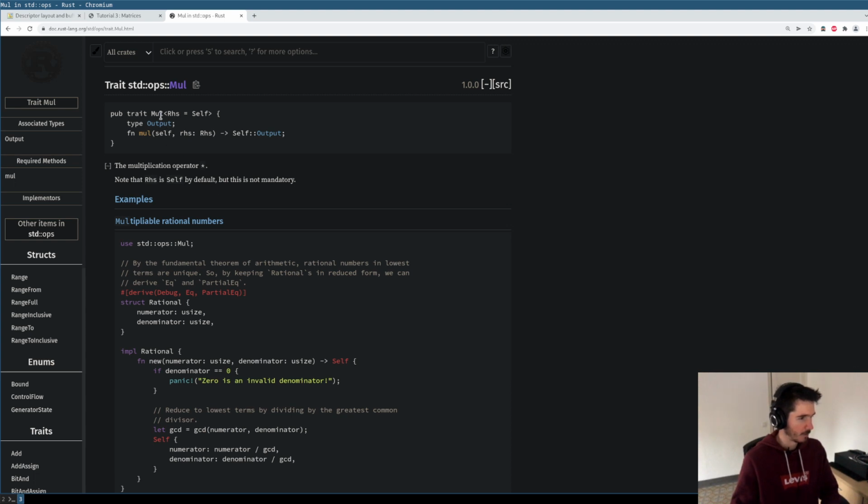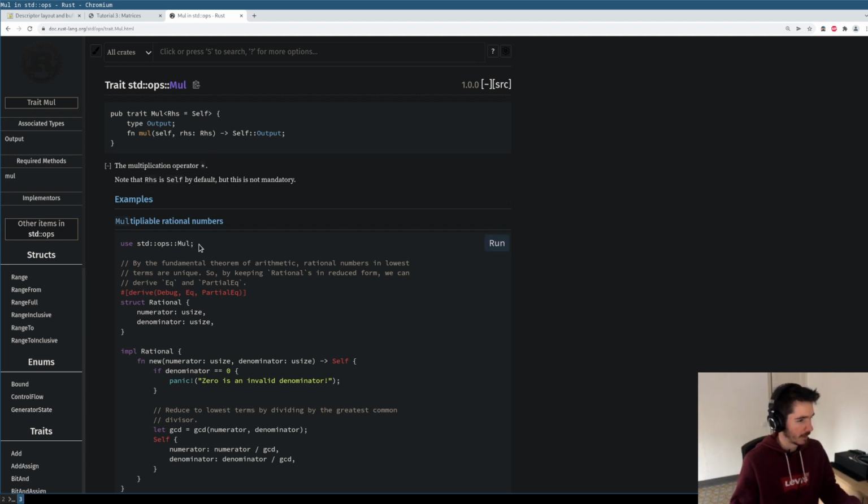So by default, when we implement mul, we implement multiplication for one type multiplied by the same type as the right hand side, but we can have the right hand side be a different type, which is our case. We want to have self to be matrix 4 and right hand side to be vec 4, right?